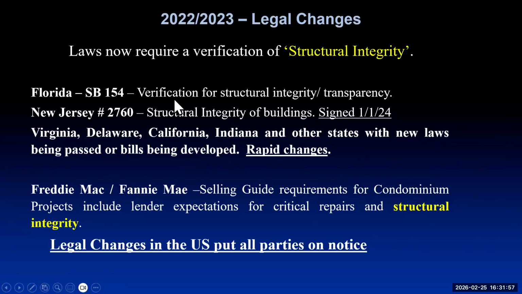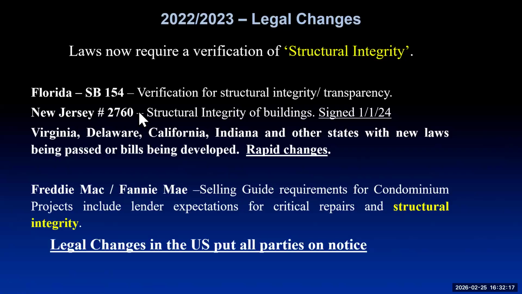So let's now look at some of the changes that occurred. And they all require a verification of structural integrity. Florida SB 154 needs a verification of structural integrity, transparency.